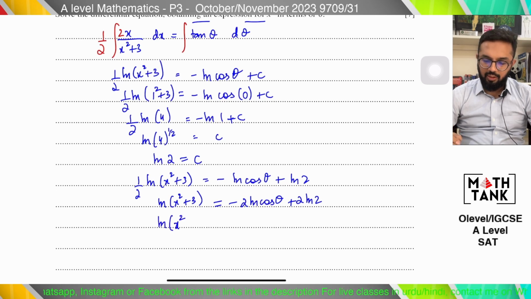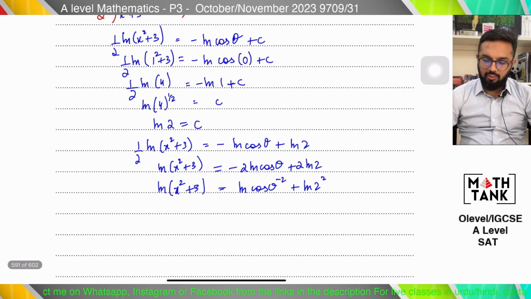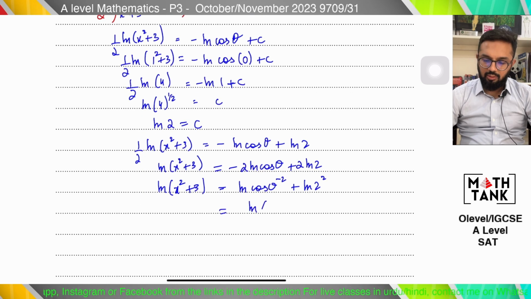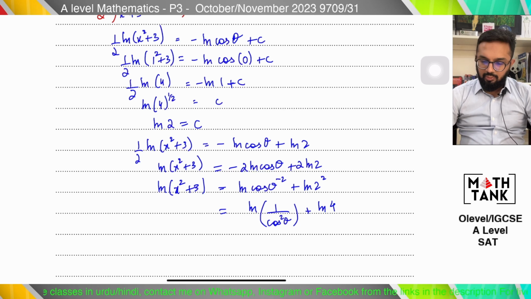So this gives me ln 4 over cos squared theta.